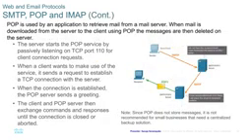POP is used by an application to retrieve mail from a mail server. When mail is downloaded from the server to the client using POP, the messages are then deleted on the server. The server starts the POP service by passively listening on TCP port 110 for client connection requests.